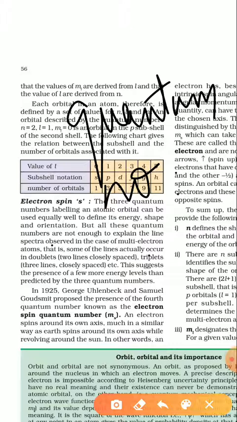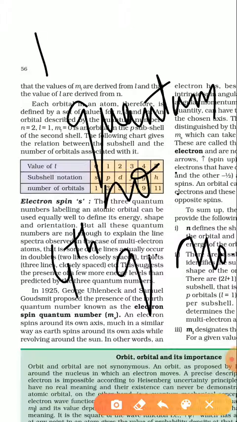So for that, a 4th quantum number was introduced. We had discussed the 3 quantum numbers: the principal quantum number, the azimuthal quantum number, and the magnetic quantum number, represented by the letters N, L and ML.